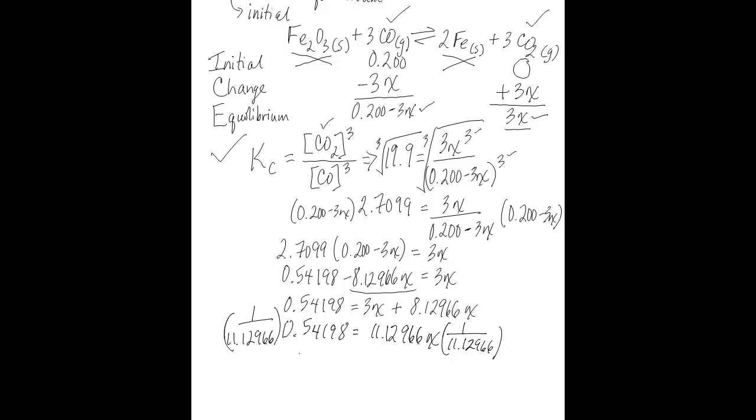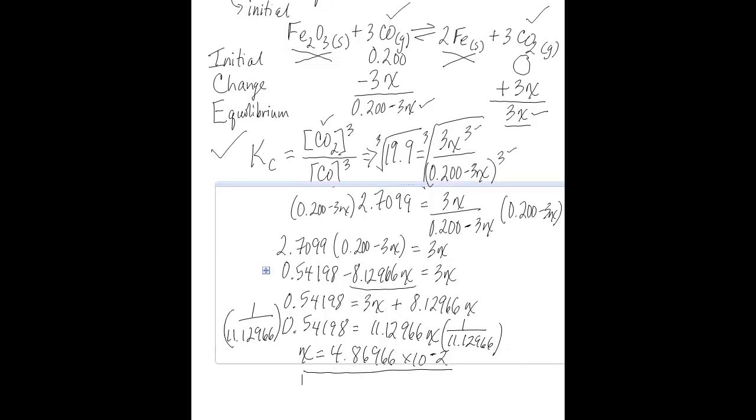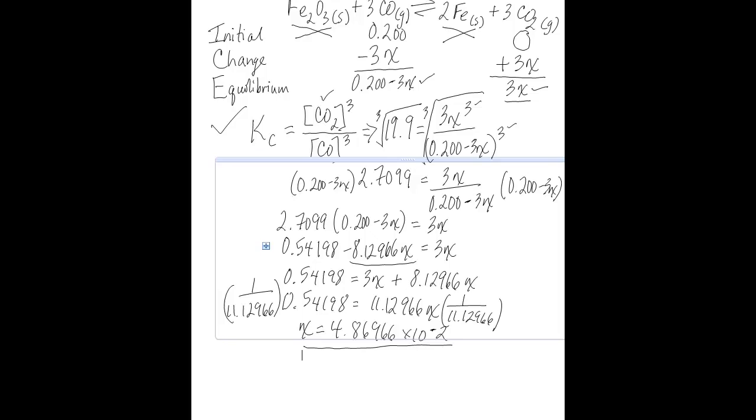And what you'll be left with is x is equal to 4.86966 times 10 to the negative 2. So now you know what your x is, and you can substitute this x back into the equilibrium concentrations for carbon monoxide gas and carbon dioxide gas expressed in terms of x.